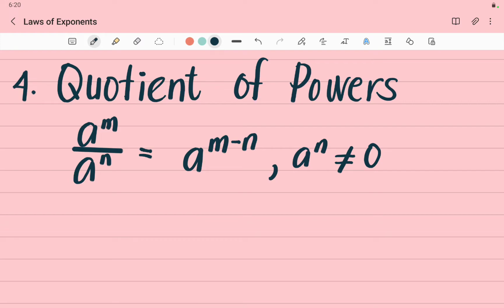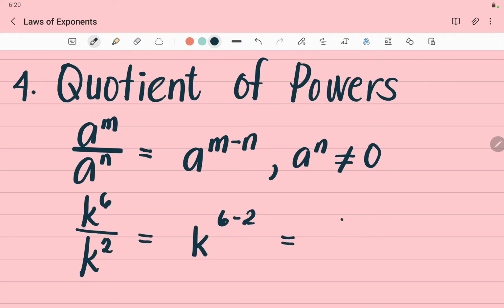But let's have an example. k raised to 6 divided by k raised to 2, or k squared. We copy the base and then subtract the exponents. So our final answer is k raised to 4.